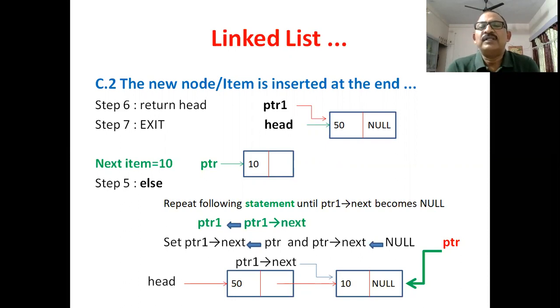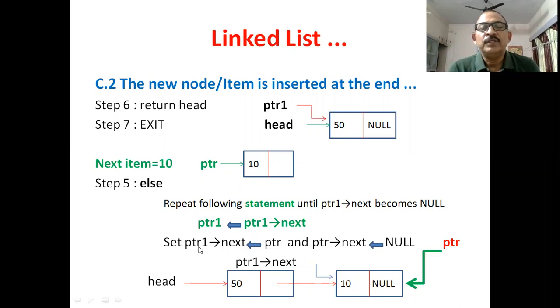So PTR1 next becomes null. Here in this case, PTR1 next is equal to null, which means this statement is not executed.